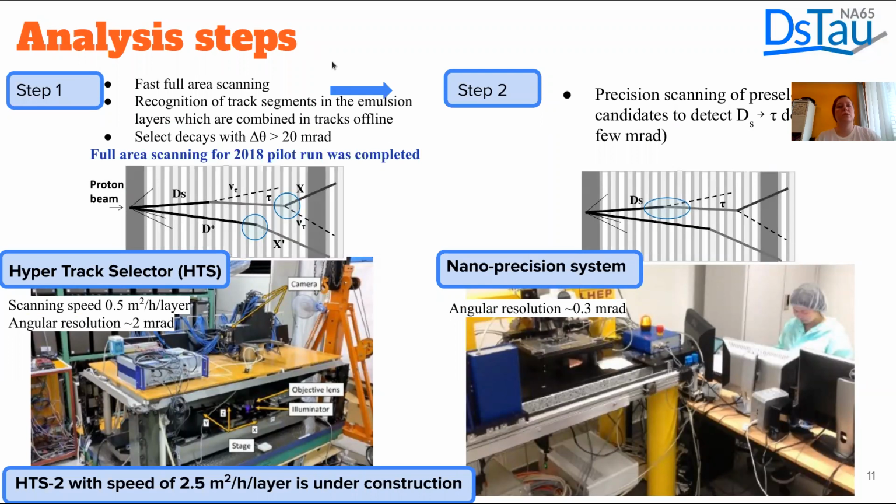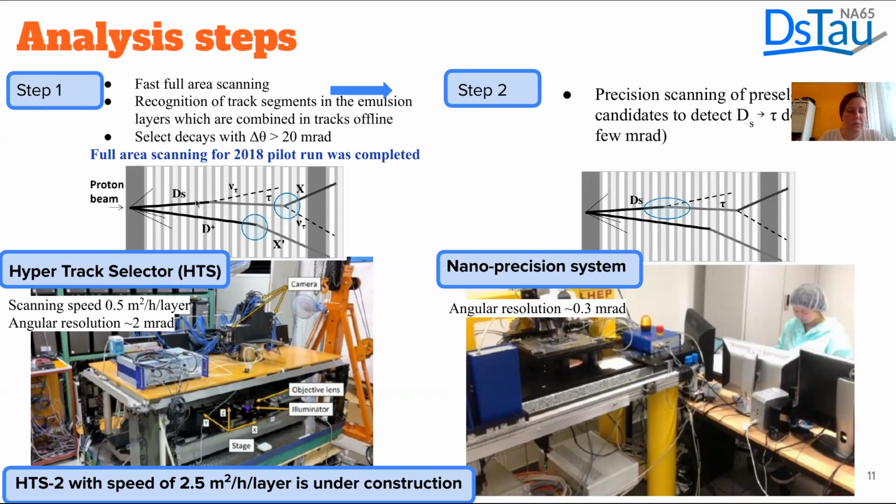Our analysis goes in two steps. The first step is fast full area scanning using the hypertrack selector in Nagoya. It recognizes track segments in each emulsion, and then track reconstruction goes offline. The angular resolution of this station is about 2 milliradians.